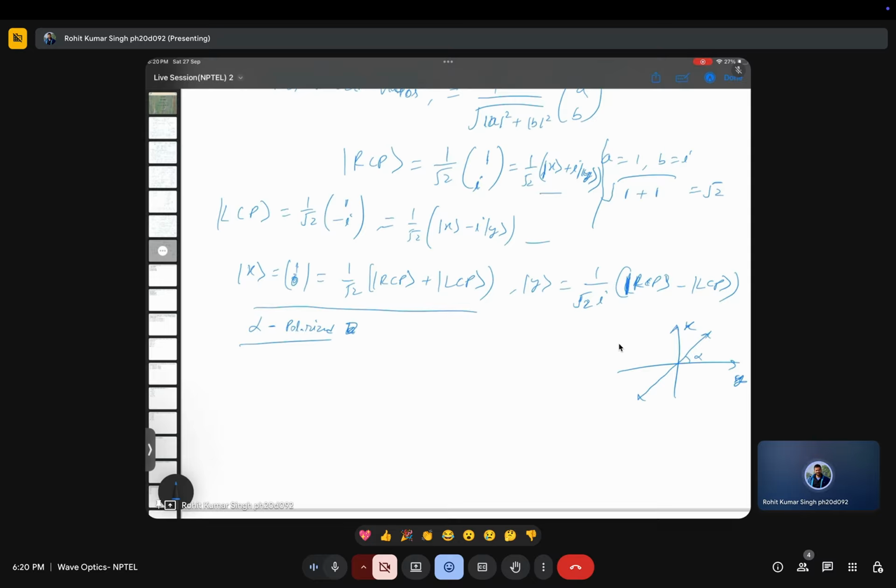Suppose this is a vector. This is a wave, let's represent it by A. It's a vector. How will you represent it? Any idea? We take ket x and ket y as unit vectors.